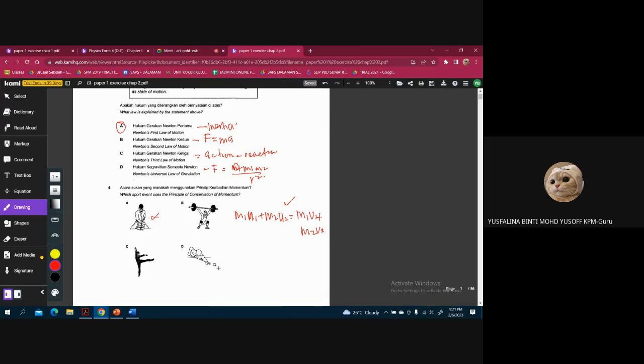This one, I think the answer is D. Because let's say you push the billiard ball, they call it, then after that the ball will move to the front. So the answer is D. B is not the principle of conservation of momentum. So the answer is D, done.